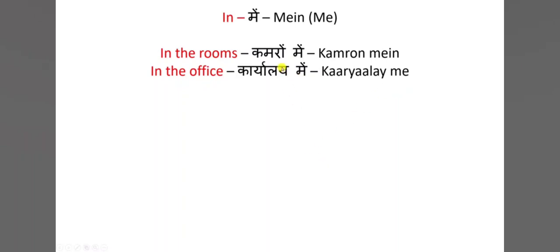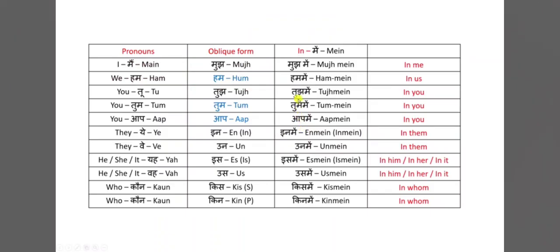Okay. Notice that we do not join the words when we use it with nouns. But when we use it with pronouns, we join them and write them as one word. Except this. मुझ में is written separately, the rest are joined.